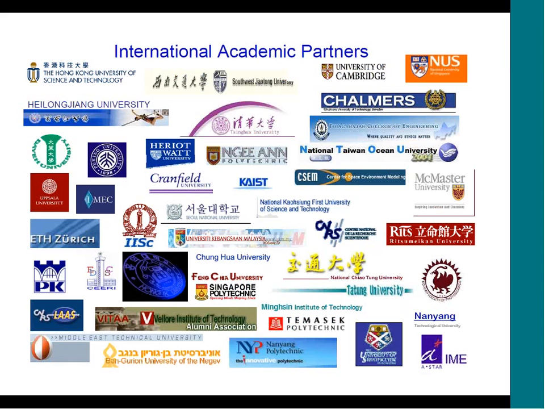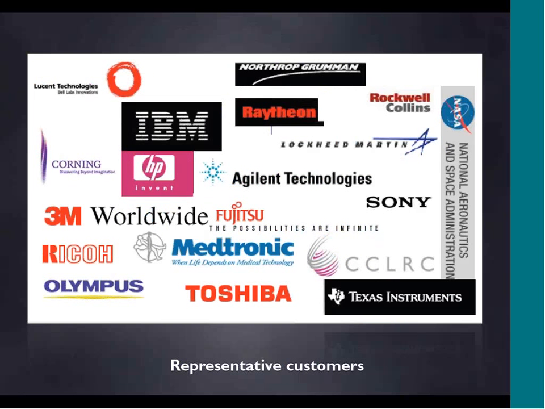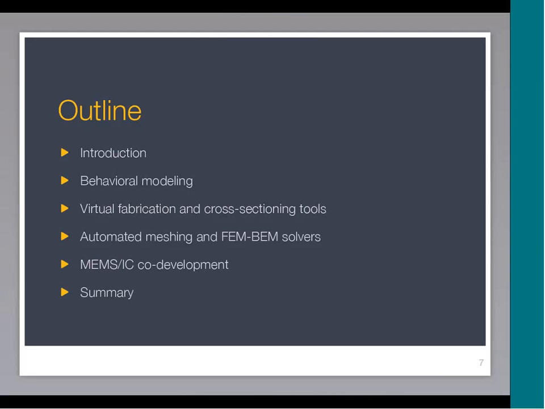And in addition to the universities, I'm going to cover more of the academic applications today, but we're also working with many of the top MEMS companies in the world in the US and in Japan and Asia and in Europe as well. So that's a little bit of an introduction to Intellisense, the company.